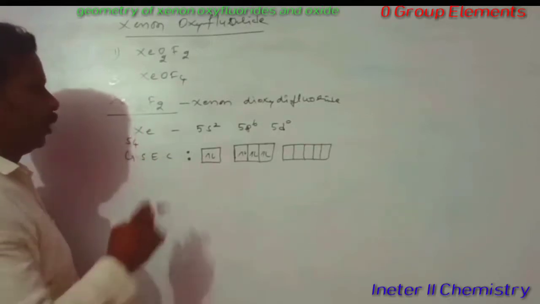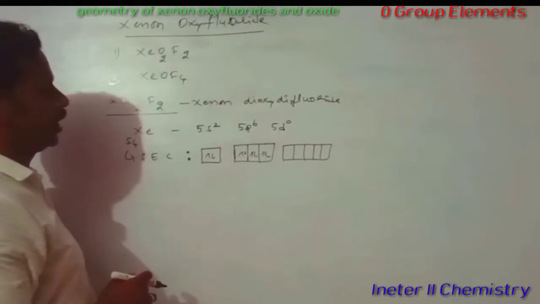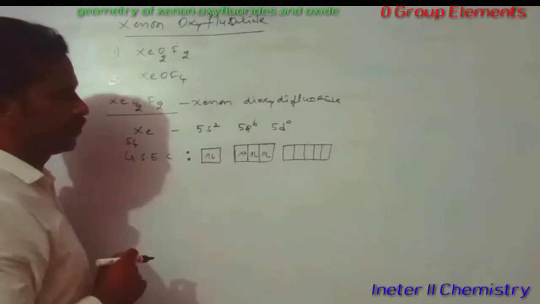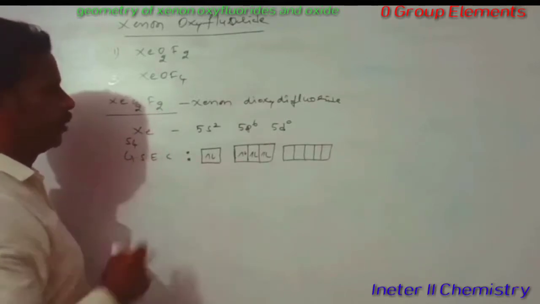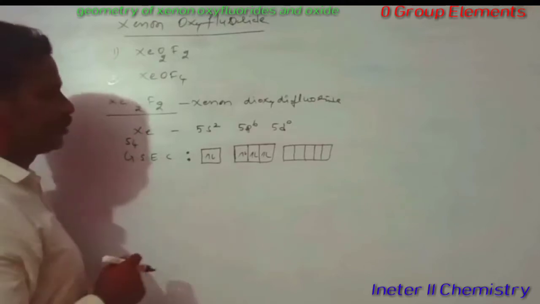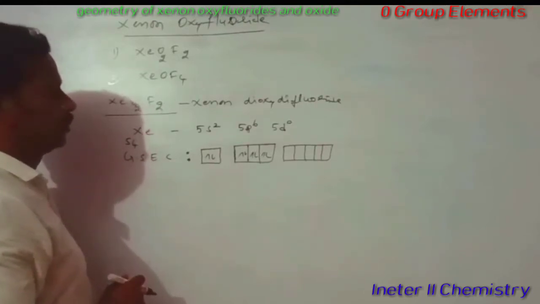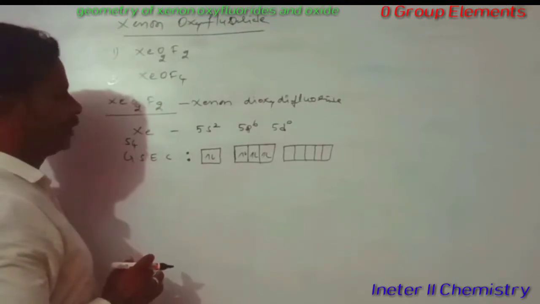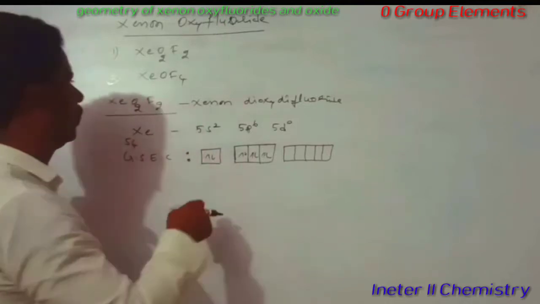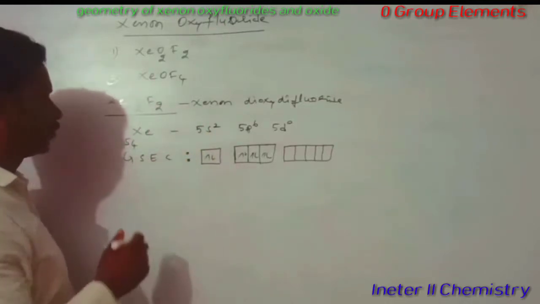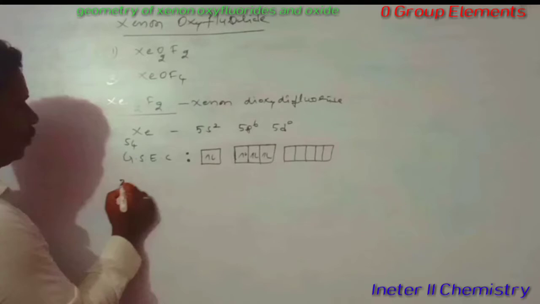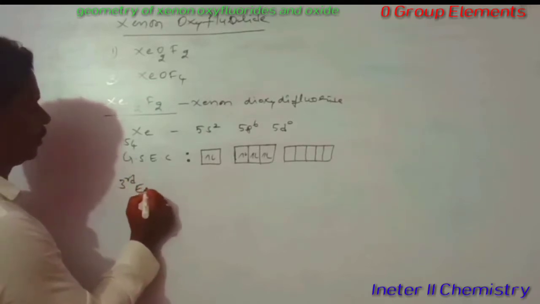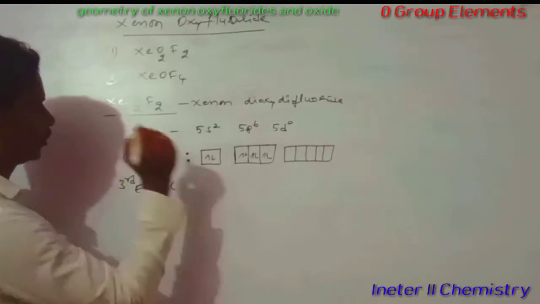According to that, in the xenon excited state, how many unpaired electrons do we want? We want 6 unpaired electrons. If you want 6 unpaired electrons, we have to write the third excited state. Here the xenon is undergoing the third excited state. So I am writing the third excited state electron configuration.